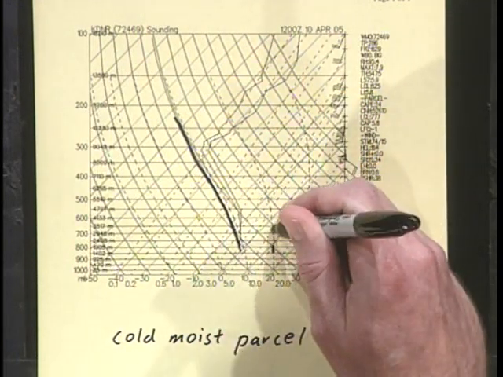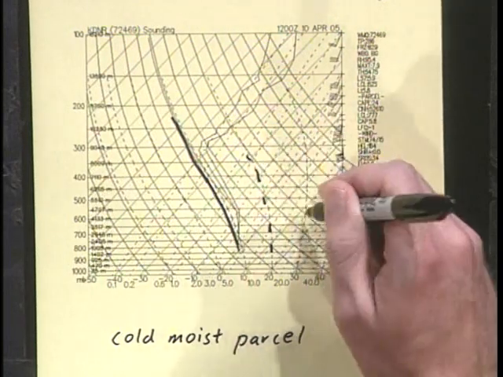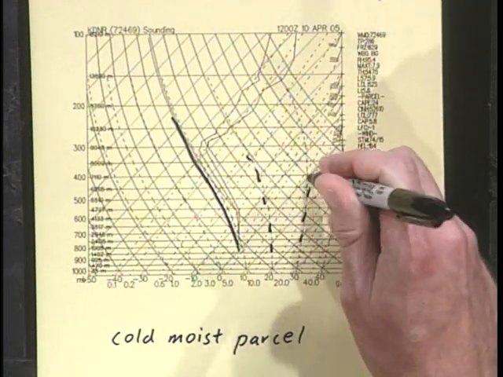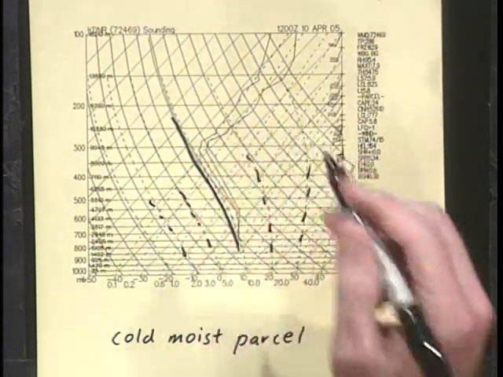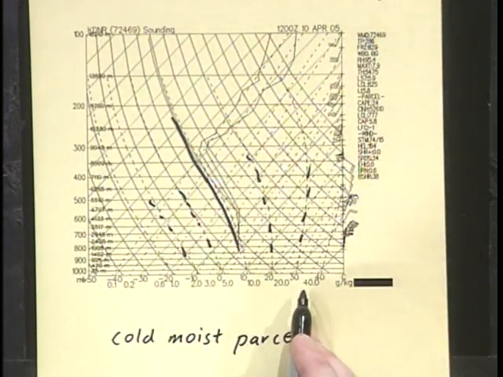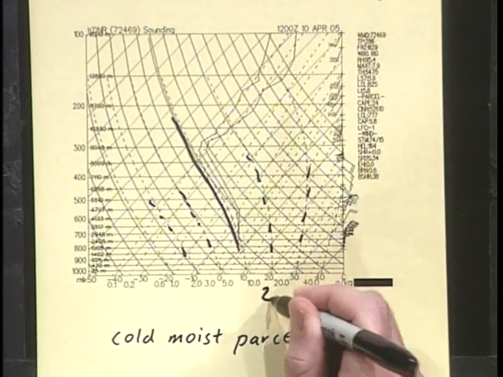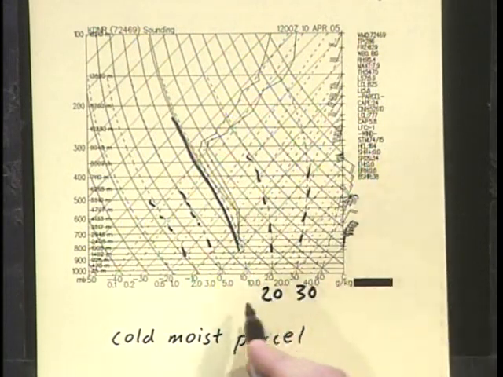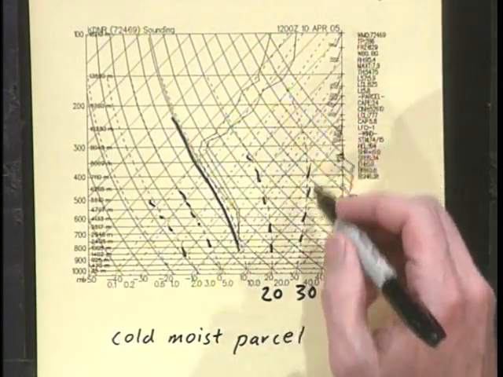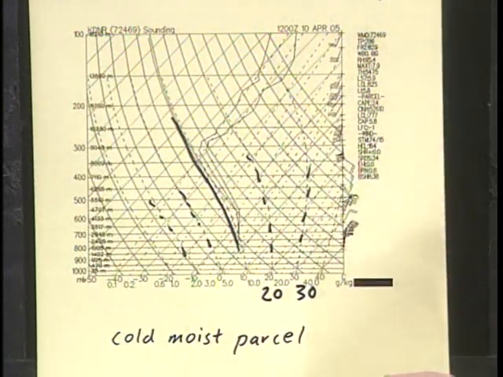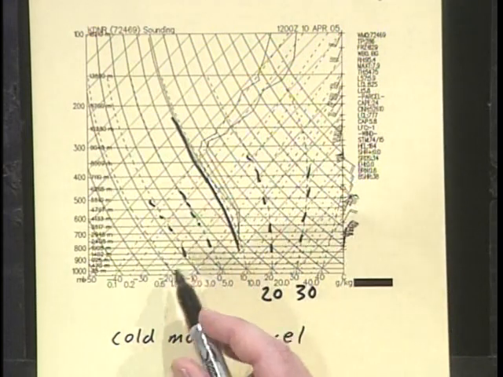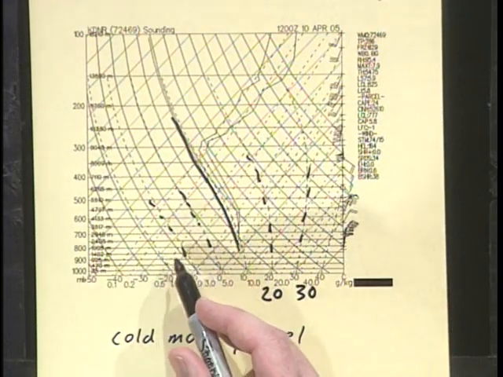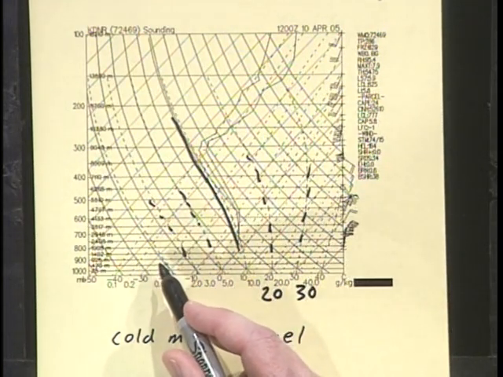These dashed lines on here are the moist adiabats. And notice that they have different slopes. In the warm air that we have here, this is 20, 30 degrees Celsius, the slope is much more upright. So you do not have as much cooling that takes place. But here, where you have colder temperatures, the slope is greater.